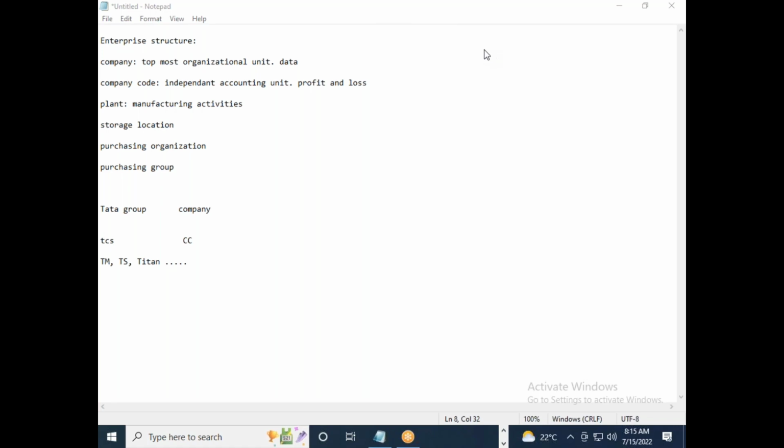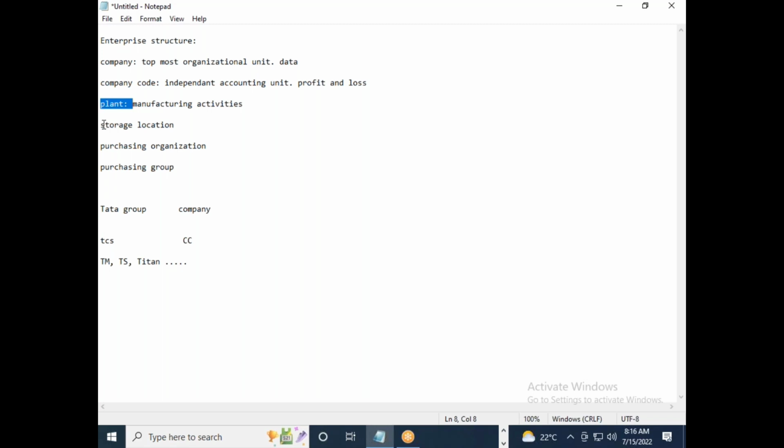Manufacturing activities are nothing but if you want to manufacture a finished product like a car, or a semi-finished product like a tire. All the semi-finished and finished products are going to be manufactured in the plant only. So in the plant, all the manufacturing activities are going to be taken care of.